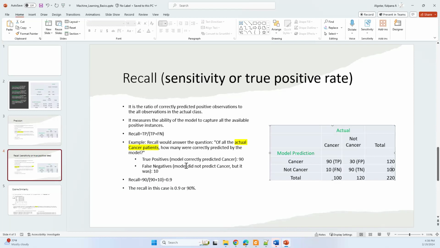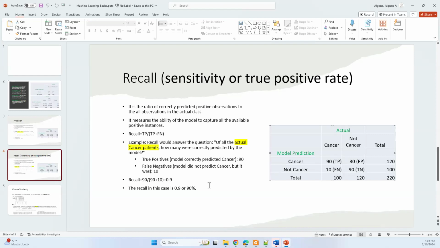In other words, you can represent recall as: of all the actual cancer patients, we have 100, how many were correctly predicted by the model? These are the 90 patients that are correctly predicted by the model. So out of 100, 90 were correctly predicted by the model. That is the 90% recall.